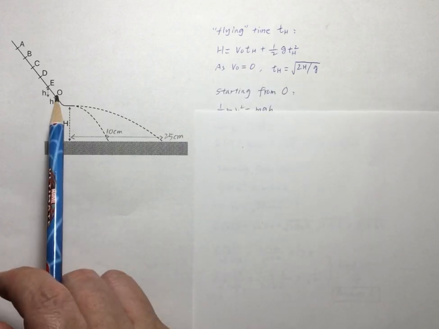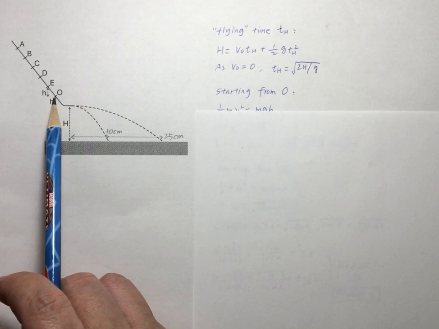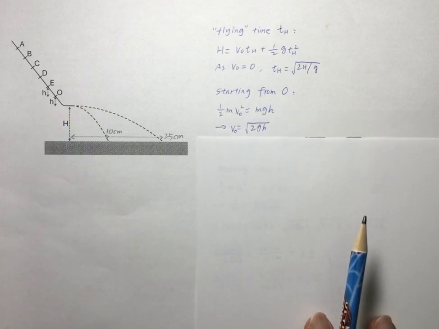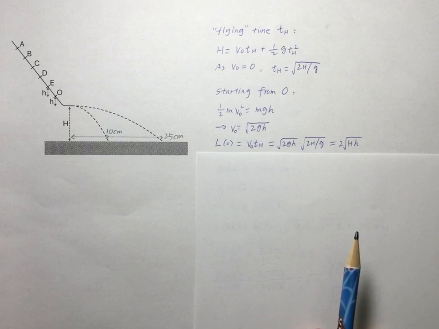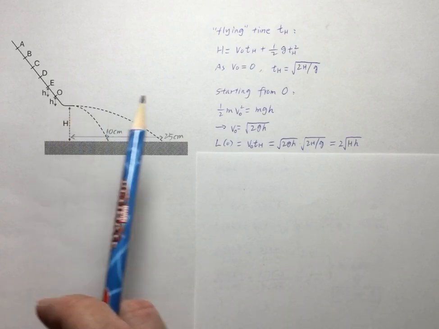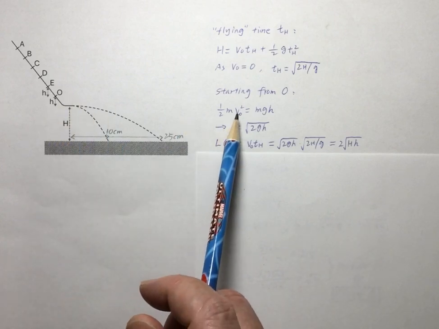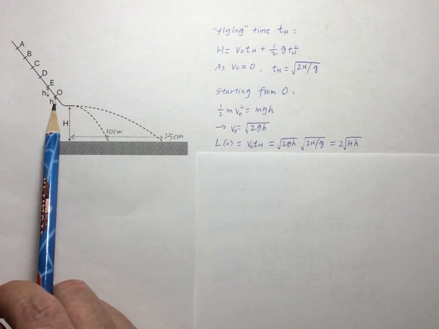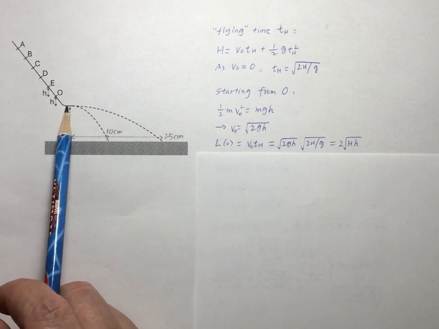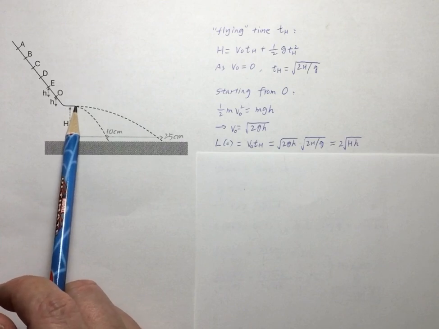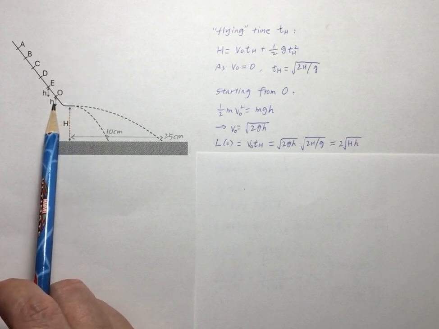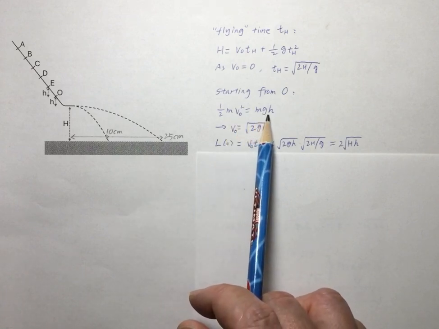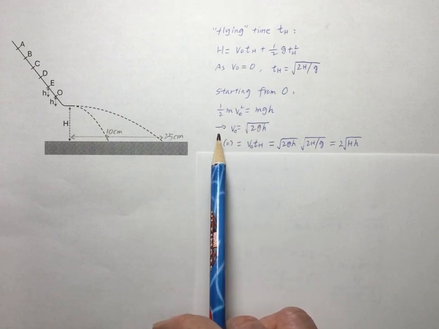Now we consider the case when the ball starts from the point O. It's relatively simple because the vertical distance from O to the horizontal part of the ramp is h, lowercase h. So the potential energy converts to kinetic energy.